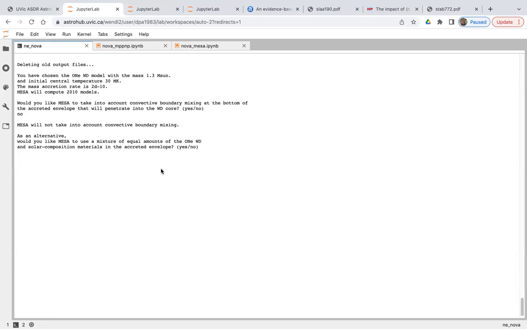I'm going to say yes, because I showed you table 2, which shows that nova ejecta do have, on average, around 50% of white dwarf material in it. So therefore, I'm going to say yes. Then it says MESA will use a mixture of equal amounts of the oxygen-neon white dwarf and solar composition materials in the accreted envelope.